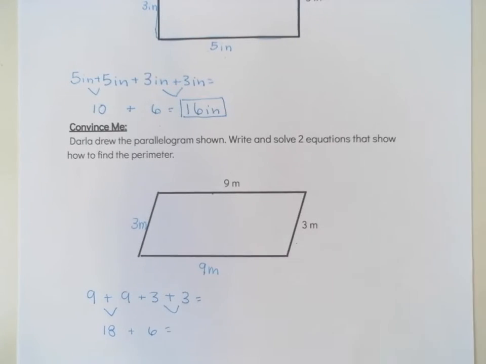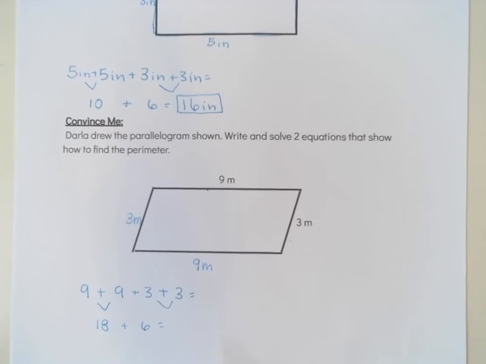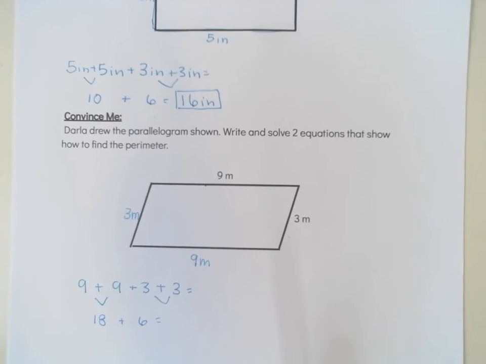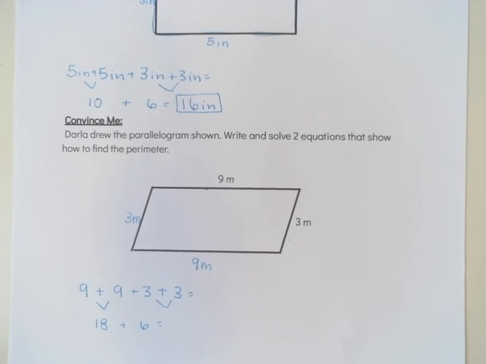So now I'm going to give you a second. I want you to find that total, and when you're done, you can replay the video. Go ahead and pause and solve 18 plus 6, and then when you're finished, you may play the remainder and solve the problem.